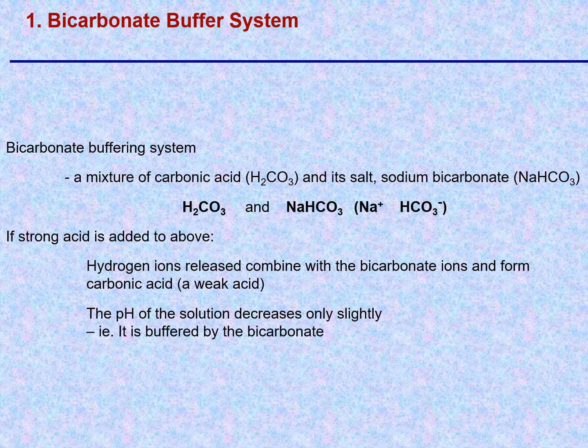Well, if you look at a mixture of carbonic acid and its salt, which is sodium bicarbonate, if a strong acid is added to this, then the hydrogen ions released from the strong acid will combine with the bicarbonate and form carbonic acid, which is a weak acid.